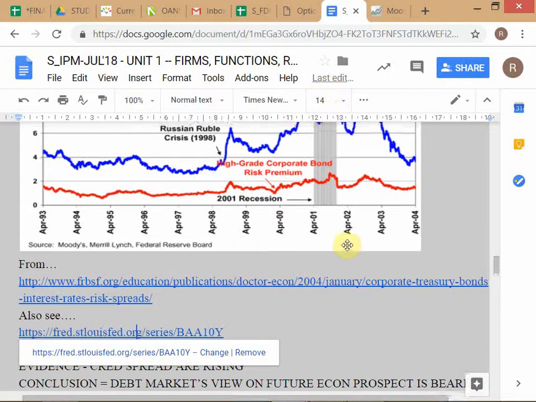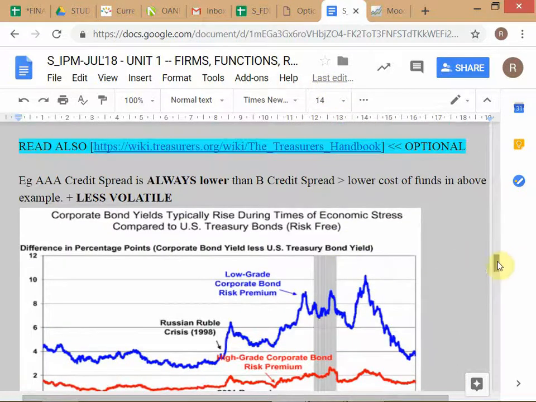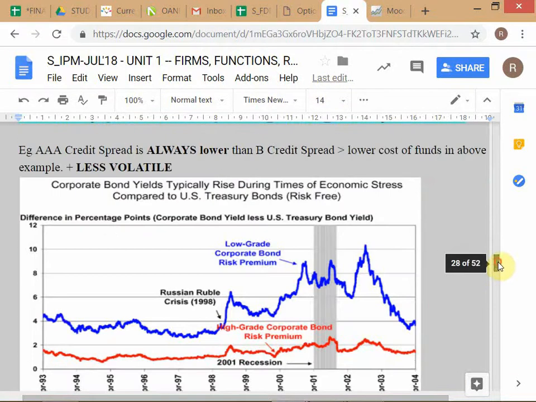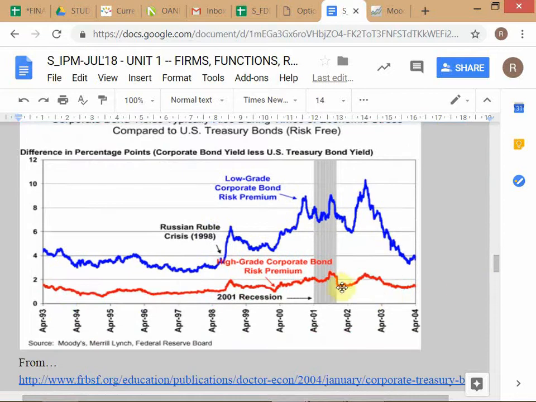If you look at this chart, at any point of time, the higher rated corporate bonds have a lower spread than the lower rated corporate bonds. Therefore, unless you have also specified the credit grade of the issuer, the discussion of the interest rate does not make any sense. It's not complete. Is this clear?